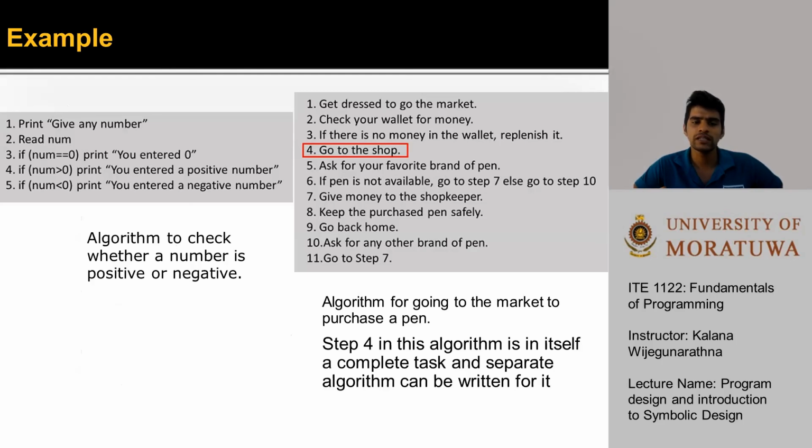Notice how the second algorithm takes steps like the fourth step that can be a complete and separate task all by itself. And a separate algorithm can be written just to explain that one step. It will be an important decision to decide to what level of detail you go into when writing an algorithm or drawing a flowchart. This depends mostly on who will be referring to them later and for what purpose.